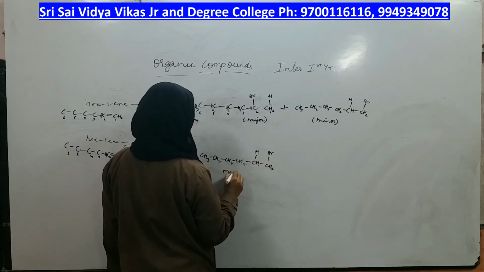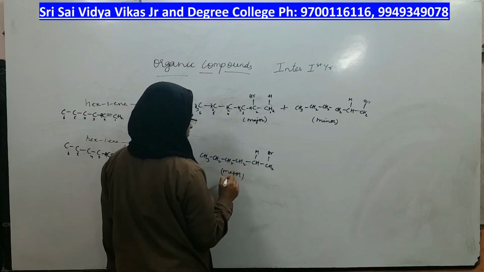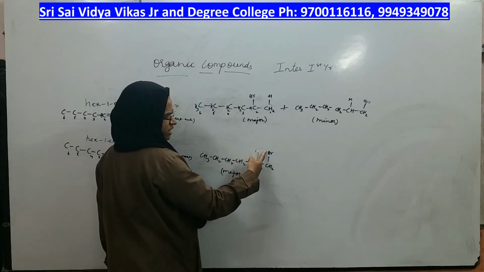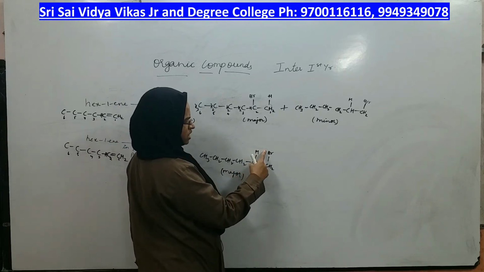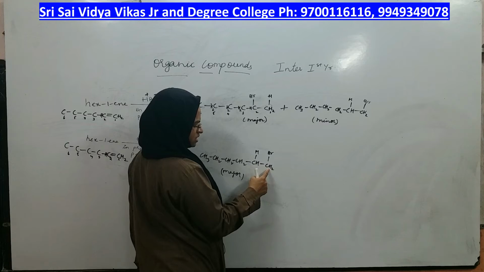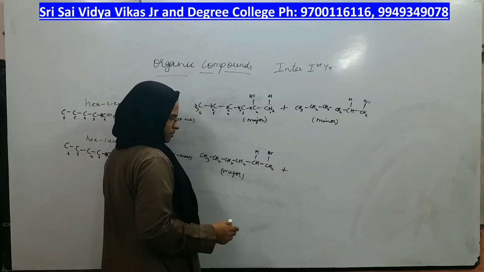This is major for anti-Markovnikov's rule because negative part of the addendum does not attach to carbon containing less number of hydrogen. That means instead of attaching here, it attaches here. Same way minor is opposite.